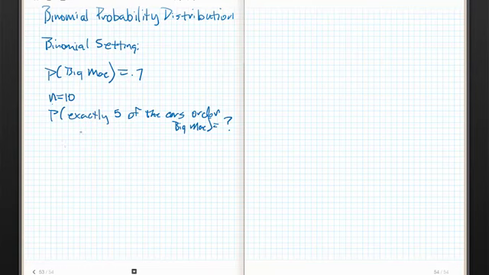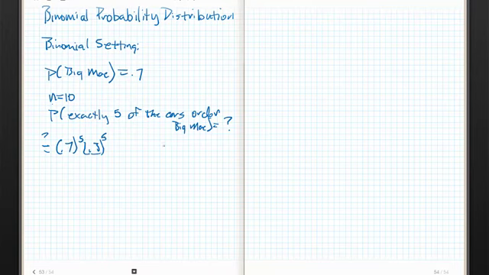So you may think to yourself, why isn't it just 0.7 to the fifth? Or some of my more intrepid students might be saying, wait, don't we have to account for the cars that don't order a Big Mac? So why isn't it 0.7 to the fifth times 0.3 to the fifth? Remember, this 0.3 is the complement of ordering a Big Mac.